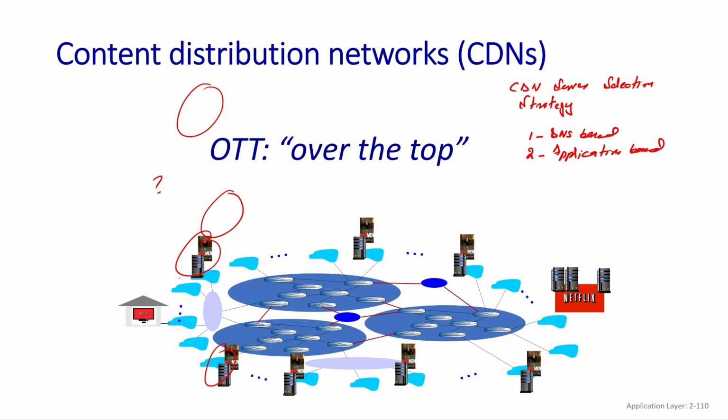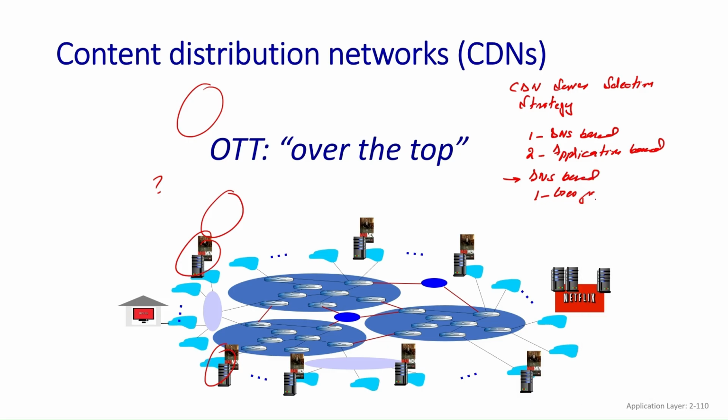When I say it's DNS based, this means a server will be selected based on geographical proximity. I will select a server which is closer to my location, in my access ISP for example, or in an internet exchange point near my access ISP.